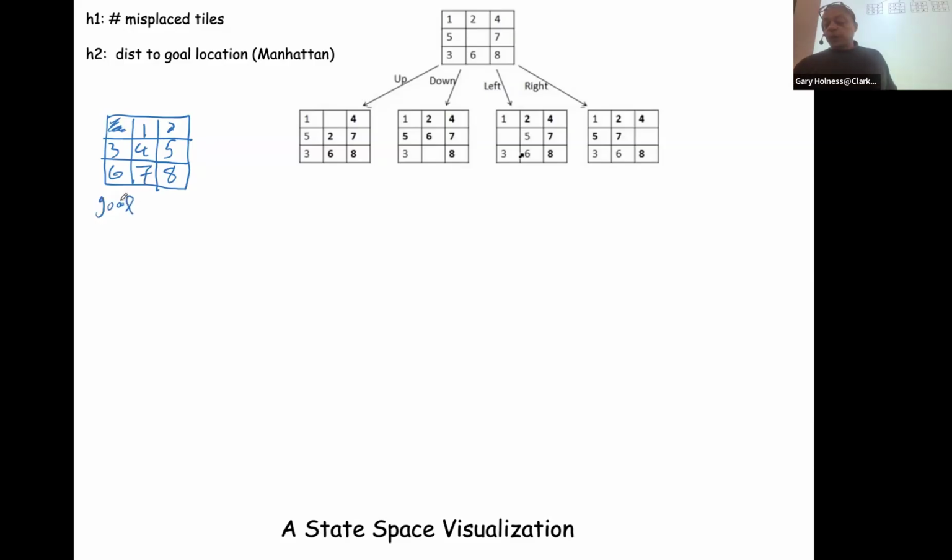From before, we had two heuristics when we talked about domination and improvements for A-star search and heuristic searches in general. If this is our goal, we have two heuristics from last time. Heuristic H1 counts the number of misplaced tiles, and heuristic H2 counts the distance to the goal location for a state, where distance is measured as the sum of the Manhattan distances for each tile to what its goal position should be.